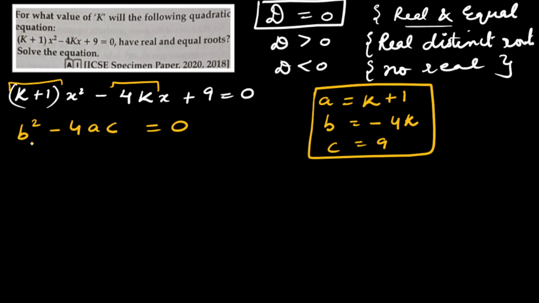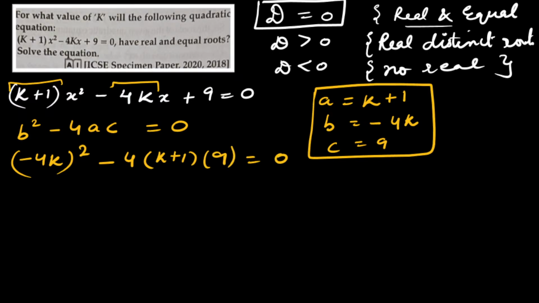So let us substitute. In place of b, I write minus 4k whole square minus 4 into a, which is k plus 1, into c, which is 9, is equal to 0. So the square of a negative is positive.